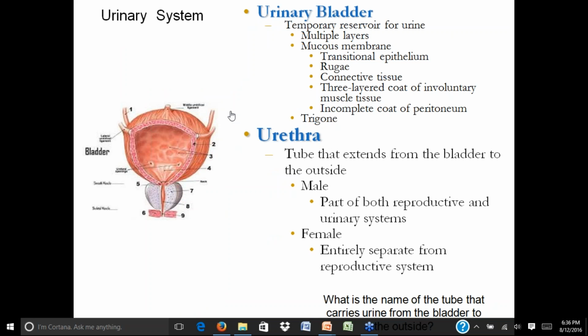All right, so we have the urinary bladder, and the urinary bladder is a temporary reservoir for urine. So how much urine can you retain? Mostly the urinary bladder can retain about 800 cc. If you have, for example, a bottle of wine, mostly it has 725.